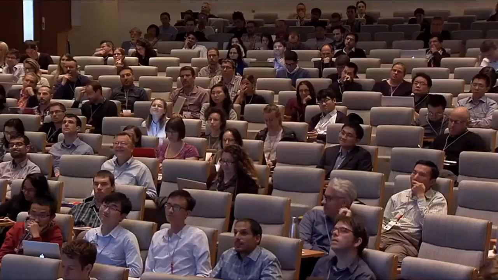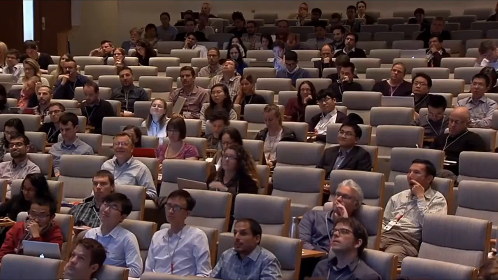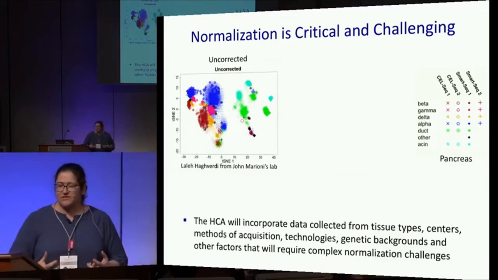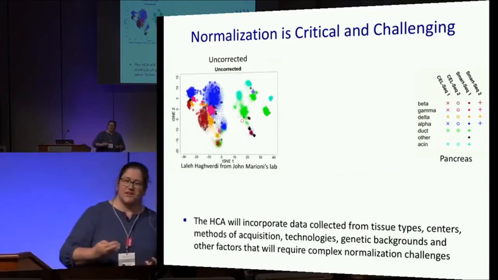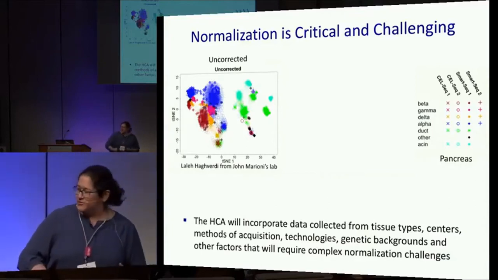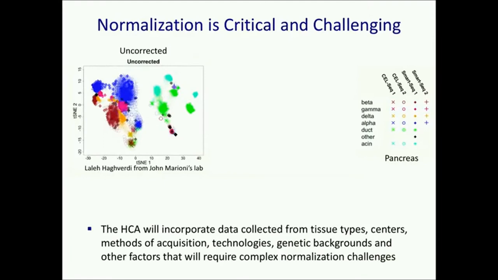So, back from the abstract into very simple: normalization. Normalization is a huge but critical challenge, and one of the things I'm going to try and do in this talk in the community spirit is I'm only putting one slide from my own lab. This is data from John's lab, and it really demonstrates the importance of normalization. Here are multiple pancreas samples, and they are very different.